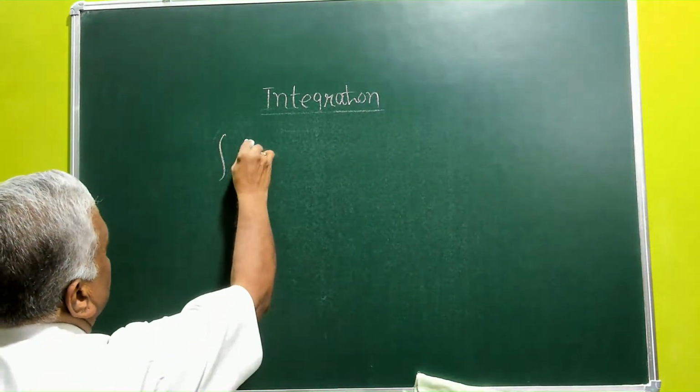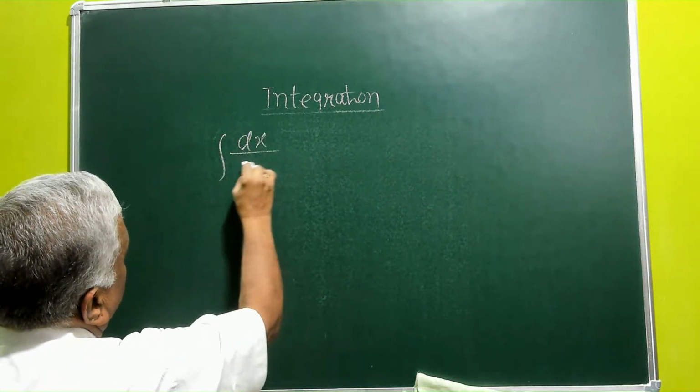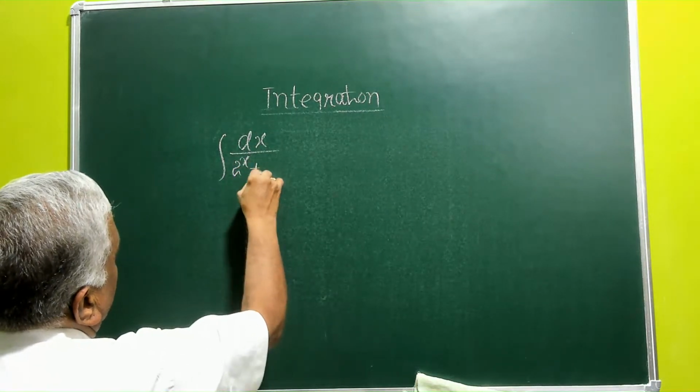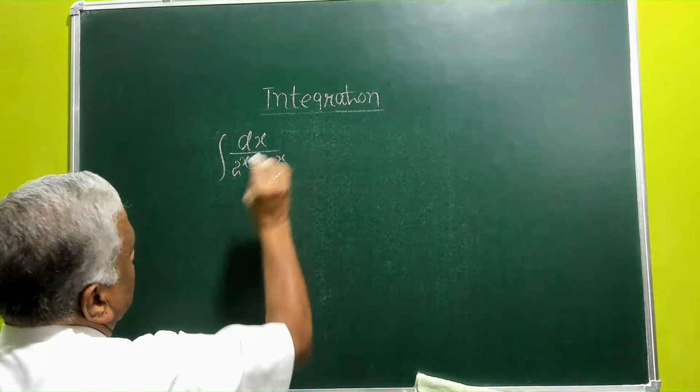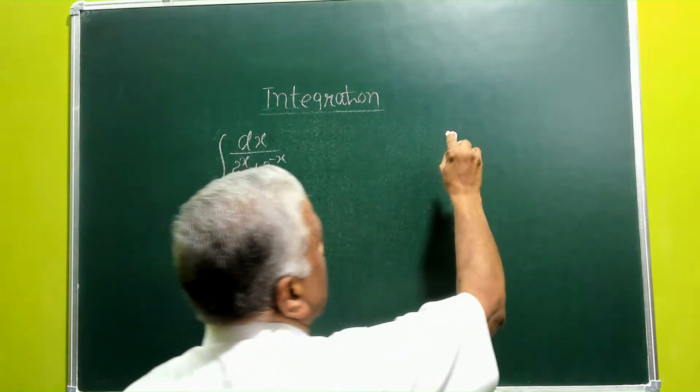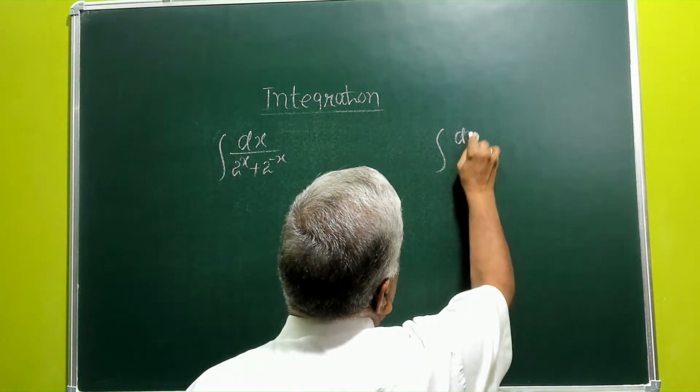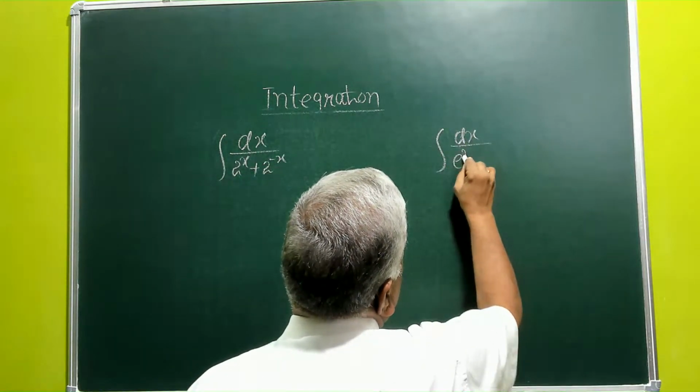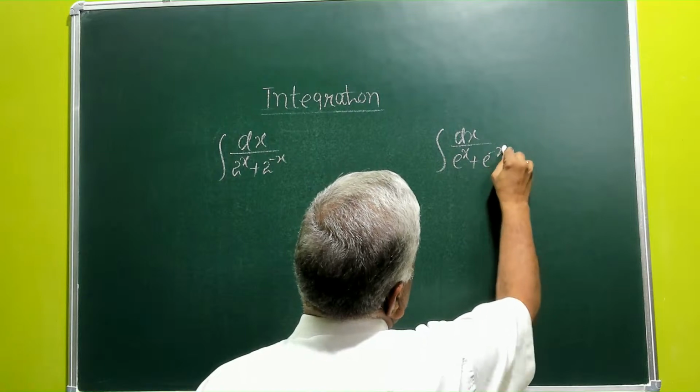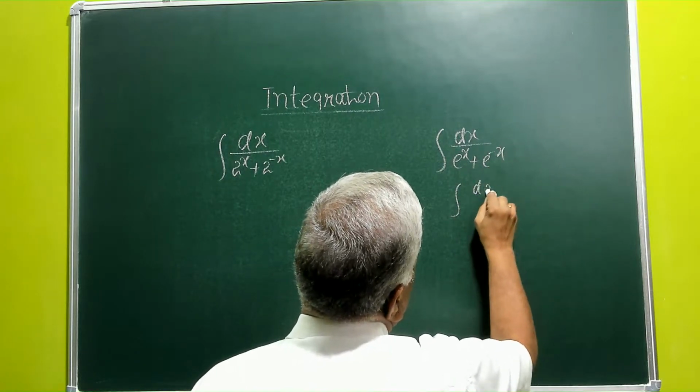Next, dx over 2 to the power of x plus 2 to the power of minus x. The moment you see this, you should recall a similar problem that the teacher might have worked in the classroom. What is the method for this?